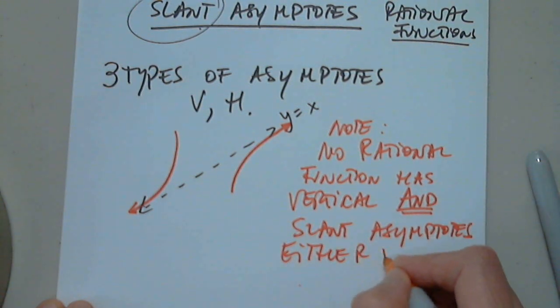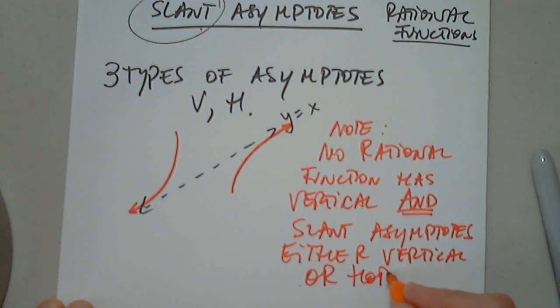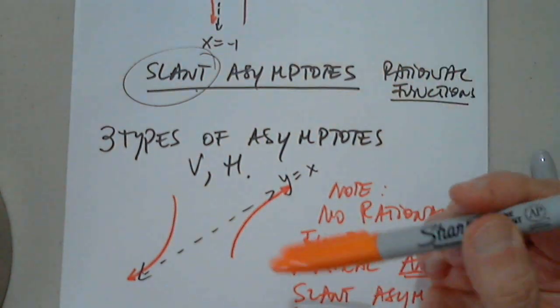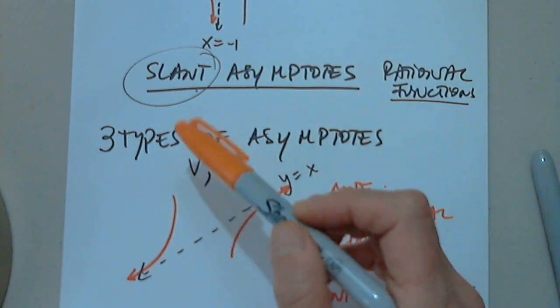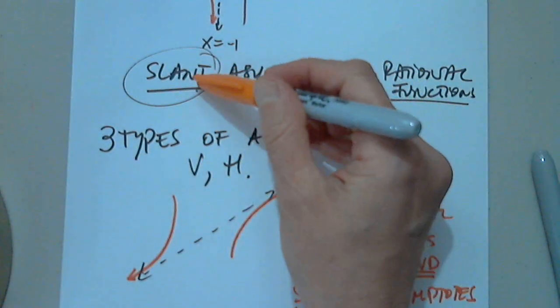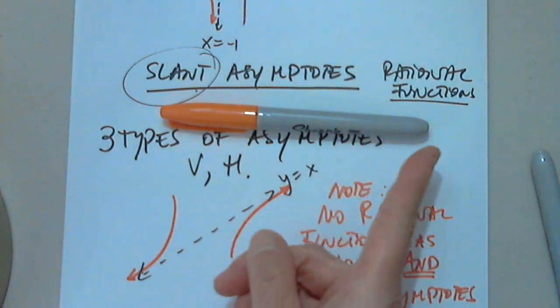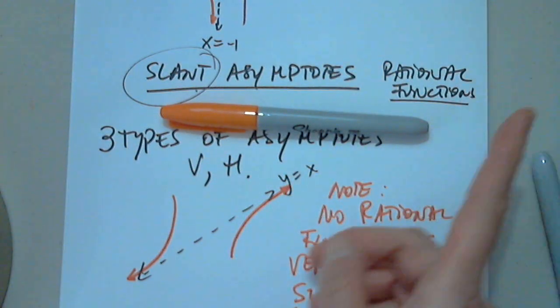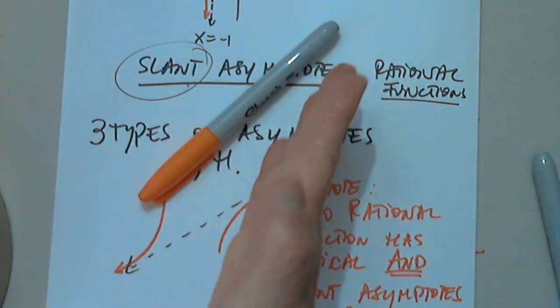Either vertical or horizontal, it cannot have both. So we can have the combination vertical with horizontal. We can have the combination vertical with slant. But we cannot have the combination slant with horizontal. For pure rational functions, it either approaches a horizontal line or approaches a slant line.